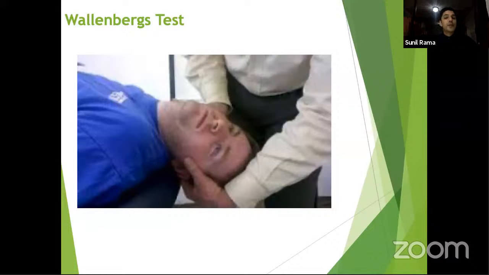So you've got to explain to them exactly what they may feel and what you're going to do to correct it in the room. So here you're looking for any nausea, any nystagmus, which is exceptionally common, any diplopia, and you want to monitor the patient's speech. So you speak to them, ask them how they're feeling in this position here. This should be repeated on both sides.